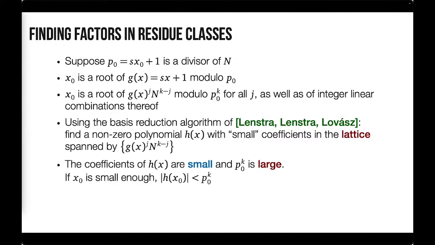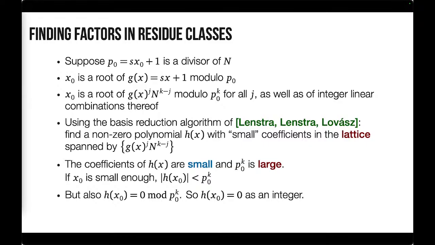So how can it be that you plug a small number into a polynomial with small coefficients, and let's say it's so small that the absolute value of h of x0 is less than p0 to the k? The only way it can be 0 modulo p0 to the k is if it's actually the integer 0. So you just solve this polynomial over the integers, you get some number of solutions, and you verify each solution.